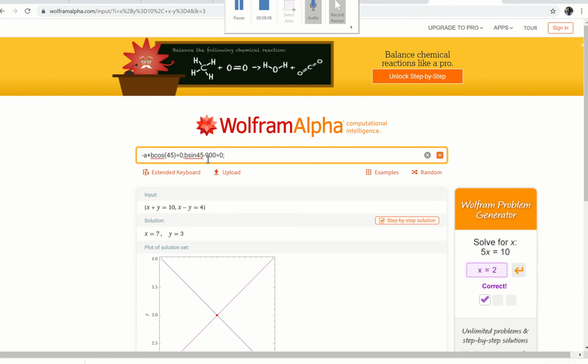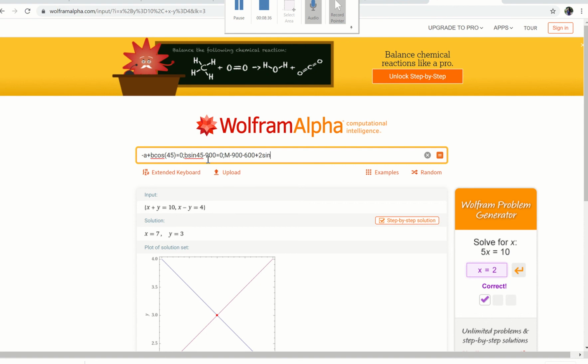Semicolon. Then we have this MB we're solving, so it's just M minus 900 times 1, then minus 600 external moment, then plus 2 times AX, which is A, times sine 45.